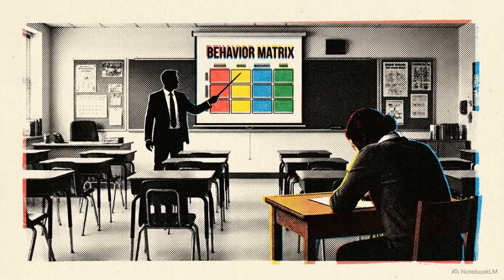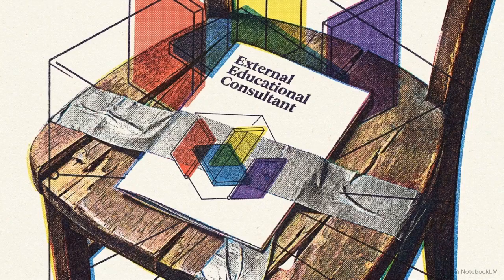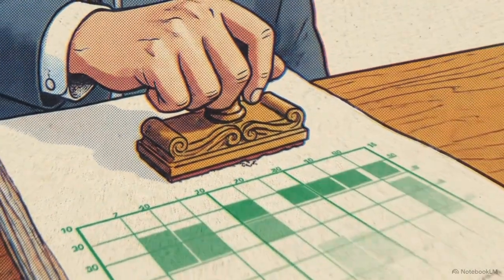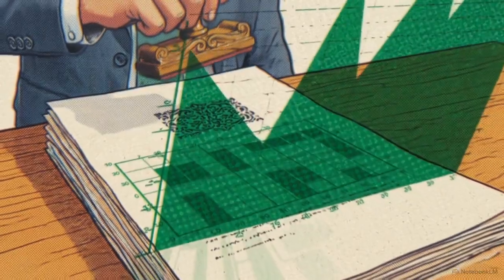Districts spend millions to pay outside experts to manage behavior systems or coach staff in the exact specialized tasks that teachers are already legally required to execute daily. Purchasing external services creates the public optics of addressing a problem, while deliberately avoiding the heavier, permanent work of redesigning an obsolete daily schedule. District leaders often claim that redesigning the school day to provide structural relief is a financial fantasy. The data proves otherwise.